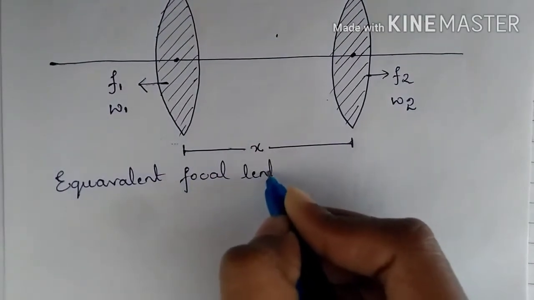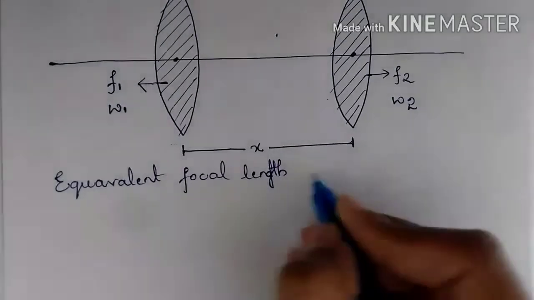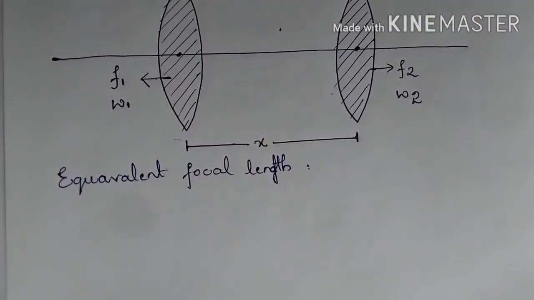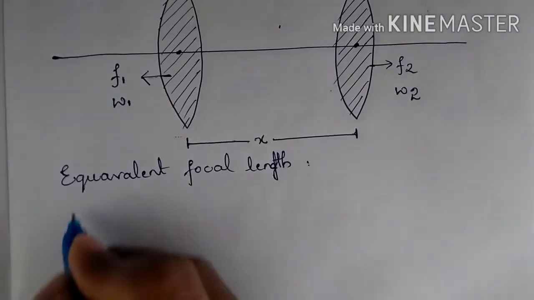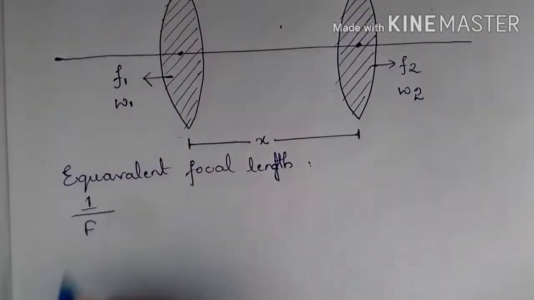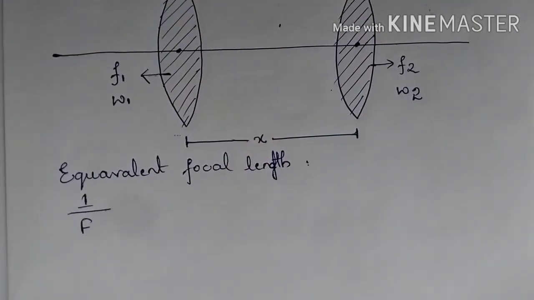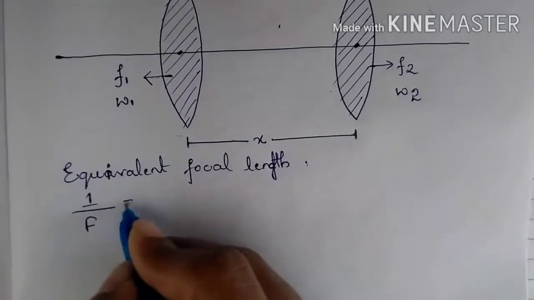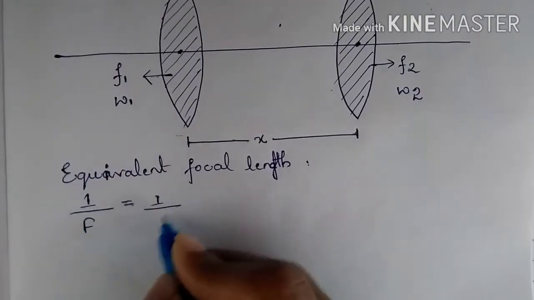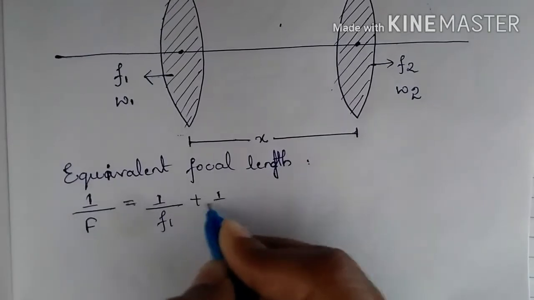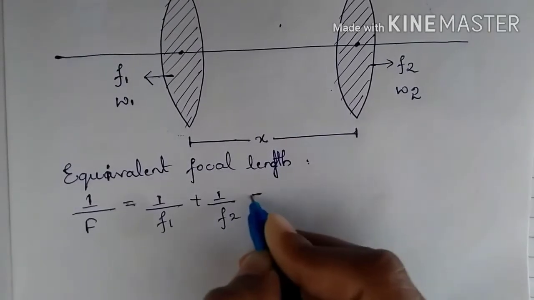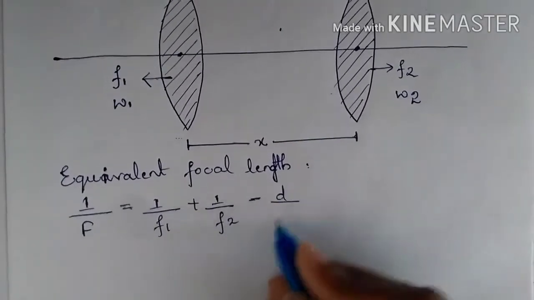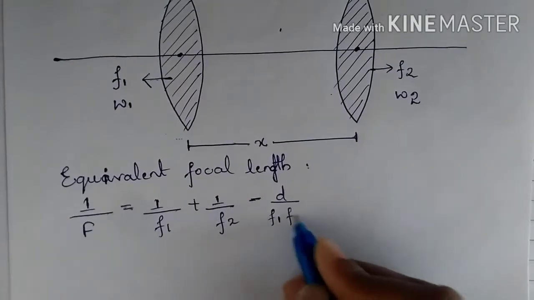For the two lenses L1 and L2, 1 by f, where f here denotes the equivalent focal length, is equal to 1 by f1 plus 1 by f2 minus d divided by f1 f2.